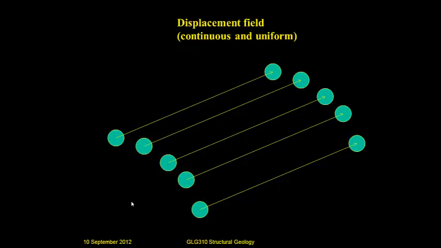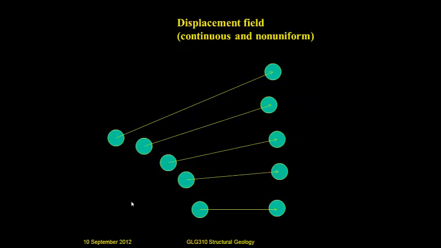So we can then talk about how, if we have a group of displacement vectors, we call them a field. In this case, it's a continuous field and it's uniform, so it doesn't change at all. It's constant everywhere in our view. We can have a displacement field that's continuous, so it smoothly changes, but it's non-uniform.